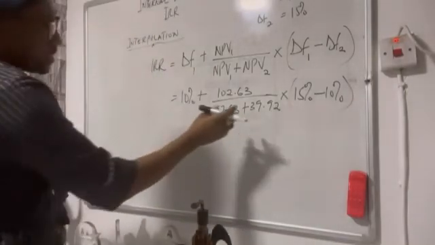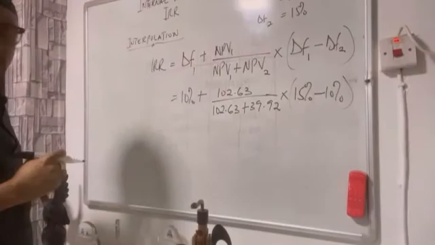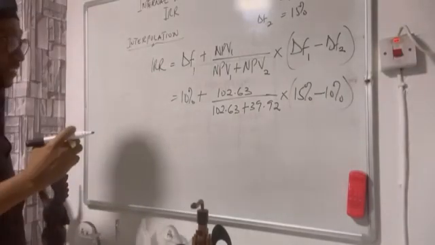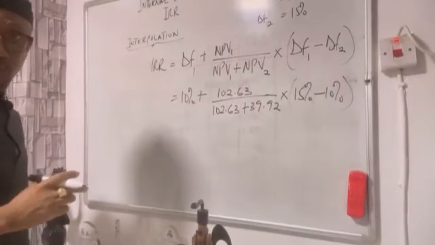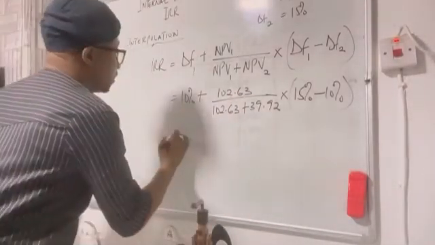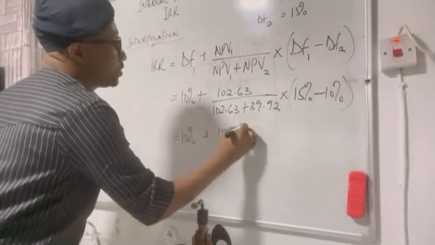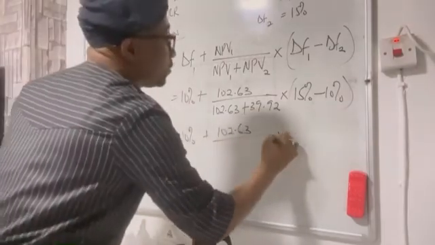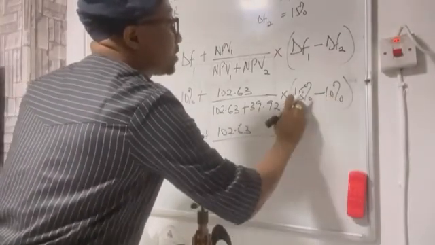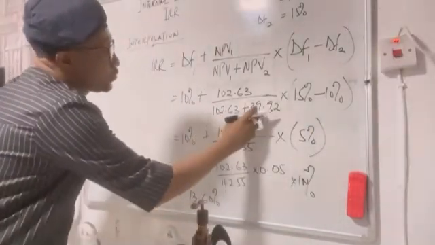You will notice that here I disregarded the negative sign of the second NPV, the NPV that gave me negative. So what I'll have now is 10% plus 102.63 divided by, if you add these two together, then multiplied by, if you subtract 10 from 15, you have 5%. If you add these two together, it gives you 142.55.